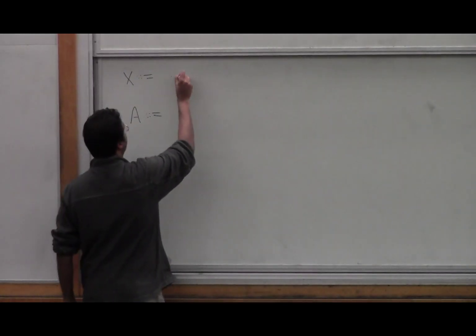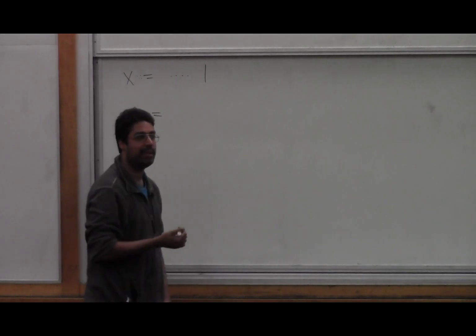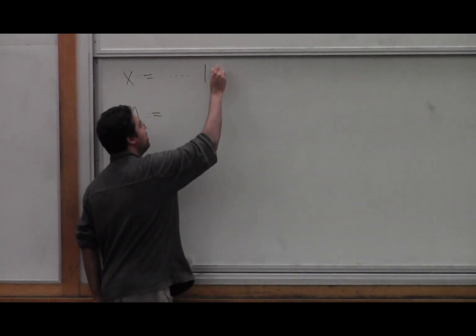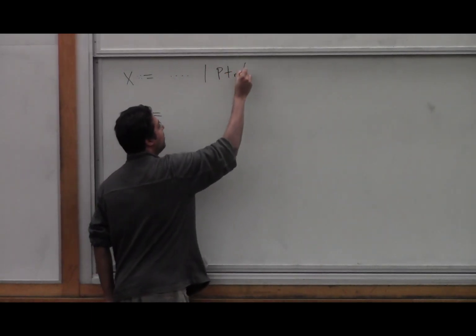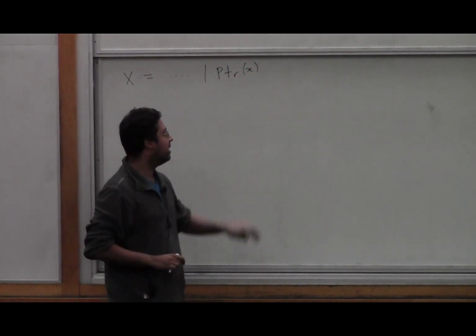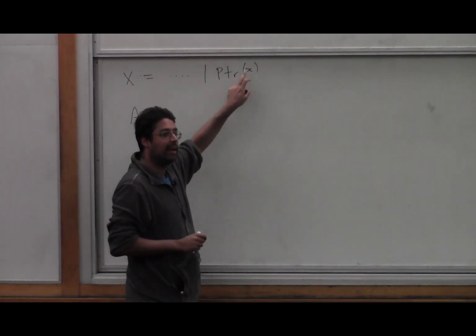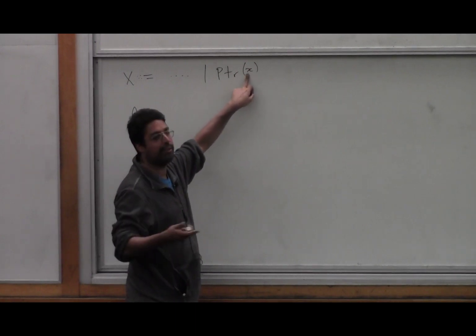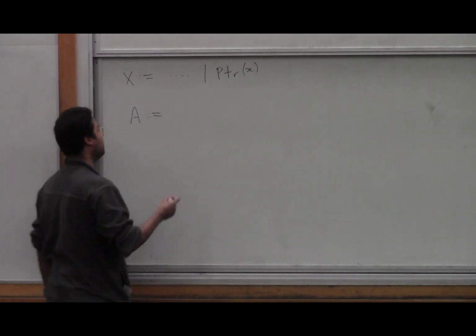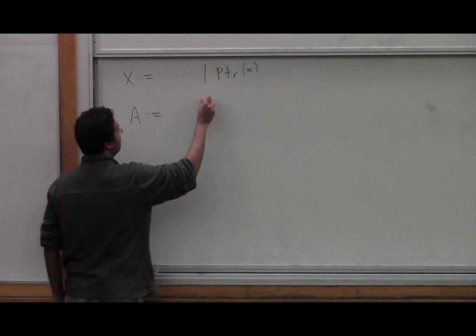So we're going to keep the standard types of intuitionistic logic, and to this we'll add a new type, pointer of x. And you can think of this as saying, this is the type of pointers whose value is x, whatever x is.